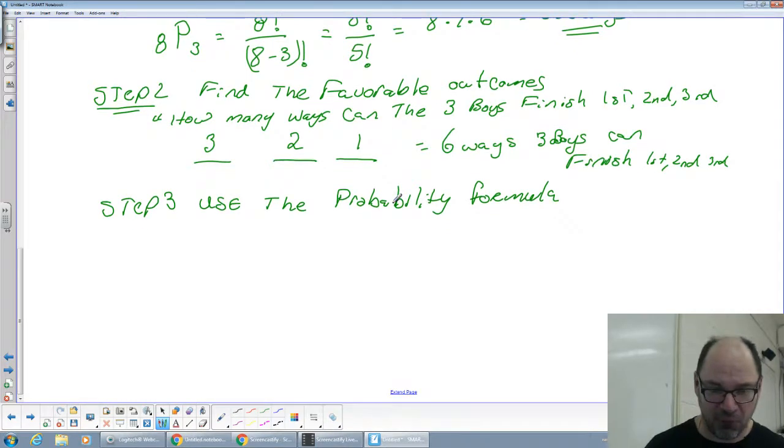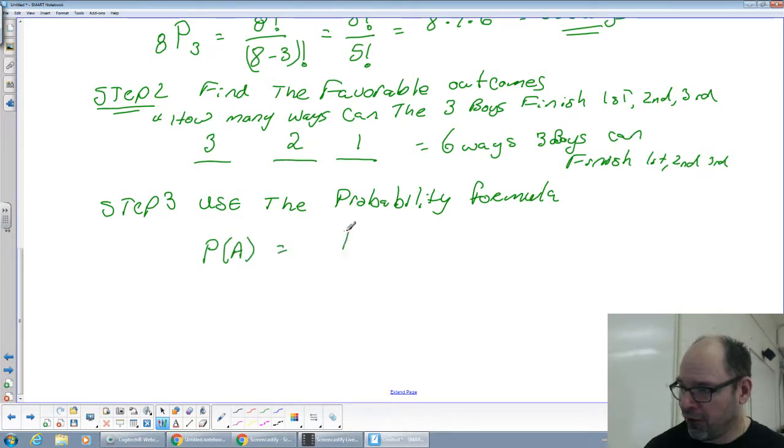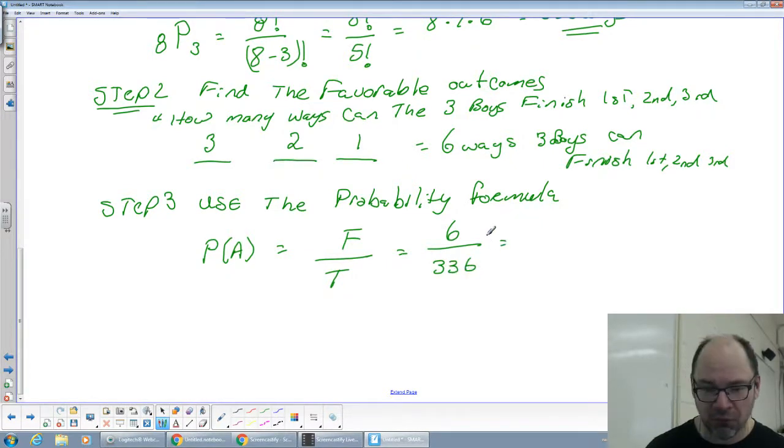So that's favorable over total. So the probability of that event, we'll call it A, is equal to favorable outcomes over total outcomes. So in our case, it's 6 over 336. If we reduce that down, 6 can go into 336, so 1 over 56. That's our probability.